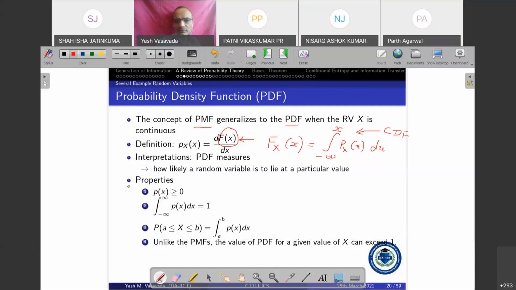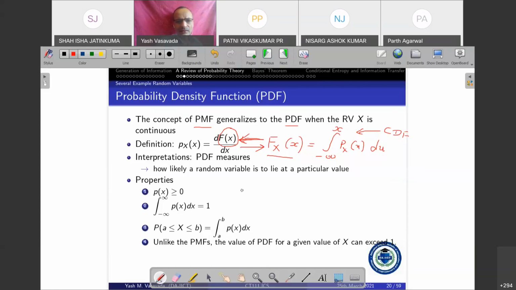If you have the CDF, you can get the PDF by doing this type of differentiation. Whereas if you have the PDF, then you can get the CDF by doing integration, right? So that is the notion of PDF and CDF for the continuous valued random variables that we will study now.